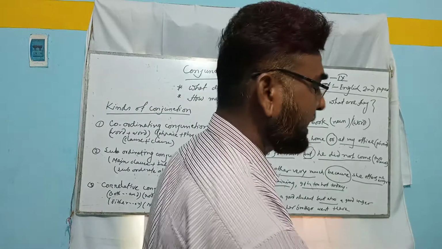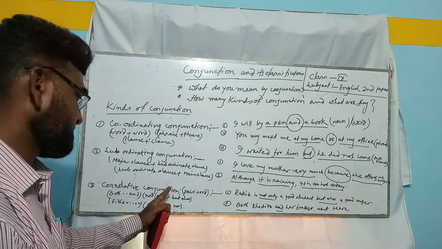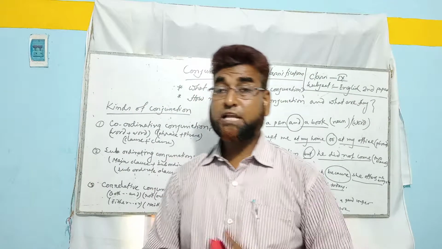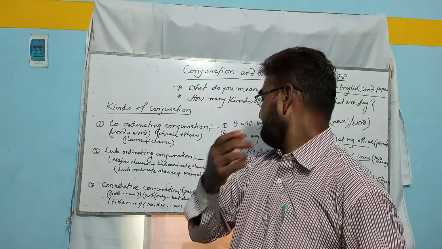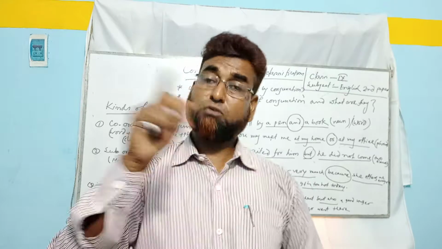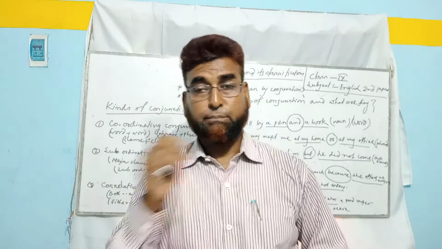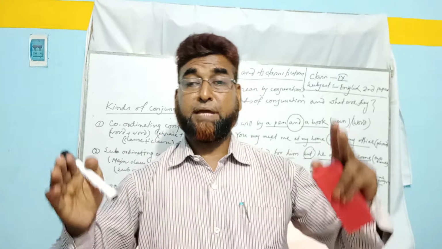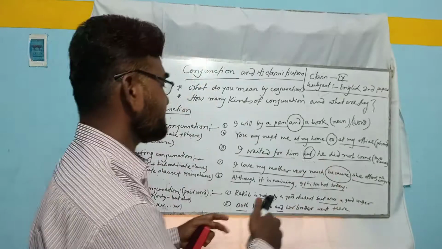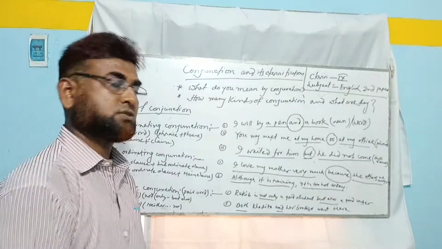Dear students, now the other kind of conjunction: correlative conjunction. You have to remember that correlative means pair words. Suppose 'not only but also', 'as soon as', 'so that', 'both and': when such pair words make a sentence, it is called a correlative conjunction.